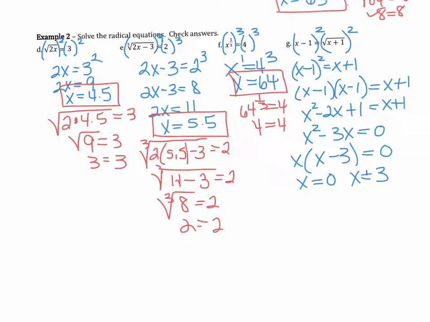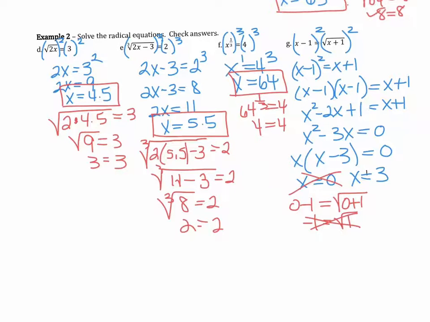If I substitute 0 in for x, I get 0 minus 1 equals the square root of 0 plus 1. And I get negative 1 equals the square root of 1. That is not possible. The square root of any number is positive, so that is not a solution. And x is 0 is not a solution. It's an extraneous root or an extraneous solution.